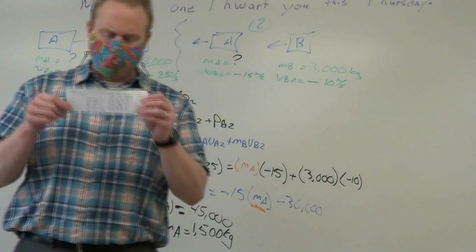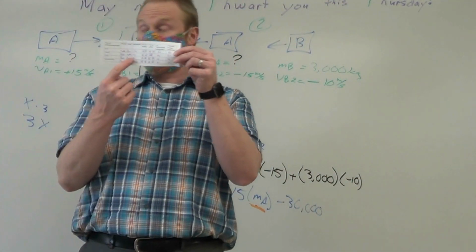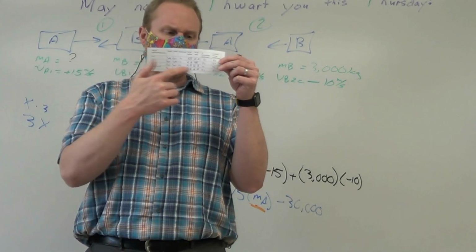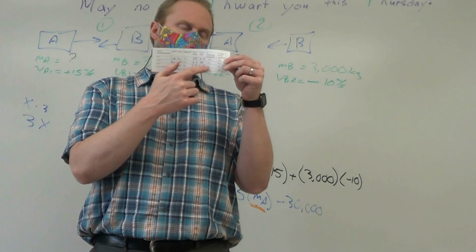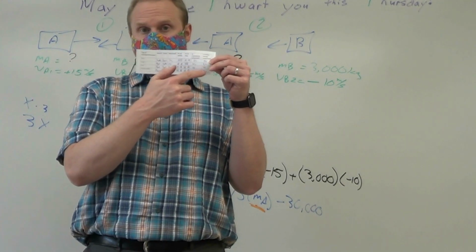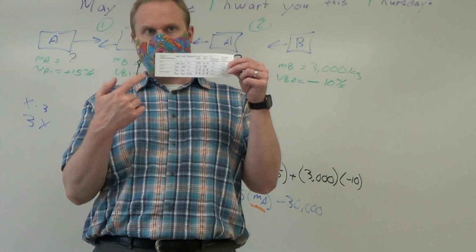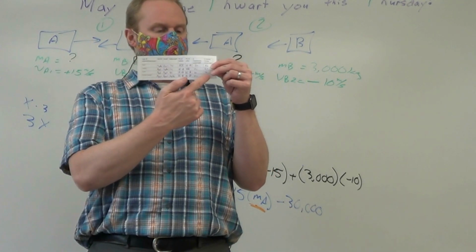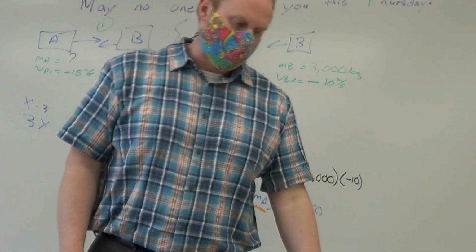So elastic and partially inelastic, they could have no distortion. They both start apart, end apart. They both have momentum being conserved. The difference is kinetic energy is conserved in the elastic, where it's not conserved in a partially inelastic.